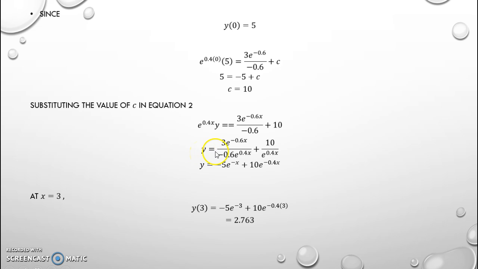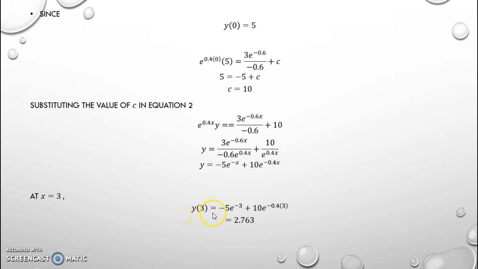So we get y equal to 3 e to the power of negative 0.6x over negative 0.6 times e to the power of 0.4x plus 10 over e to the power of 0.4x. Then we get y equal to negative 5 e to the power of negative x plus 10 e to the power of negative 0.4x. So at x equal to 3, then we substitute 3 into this.